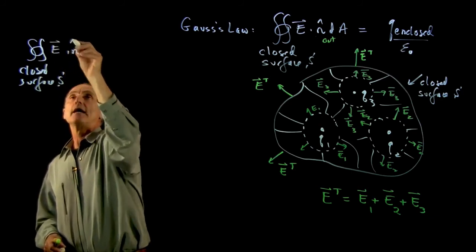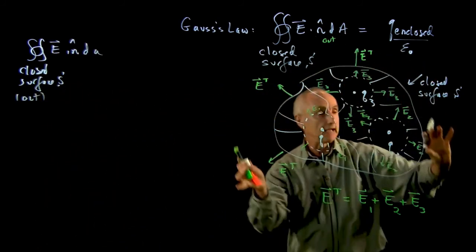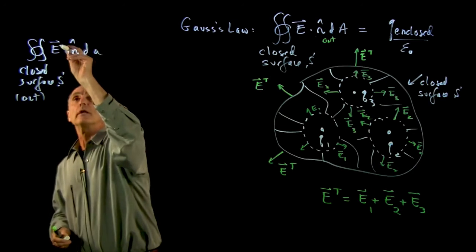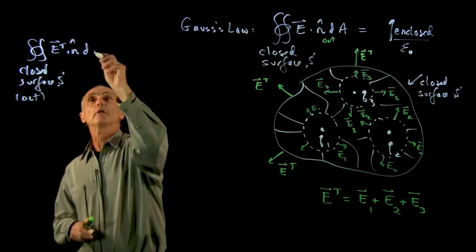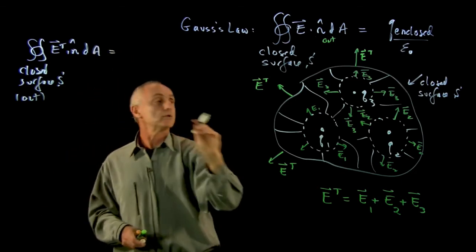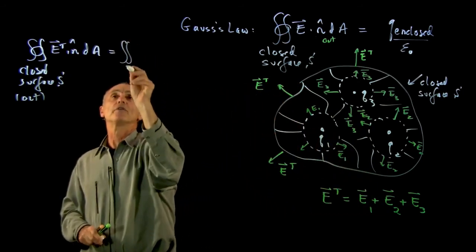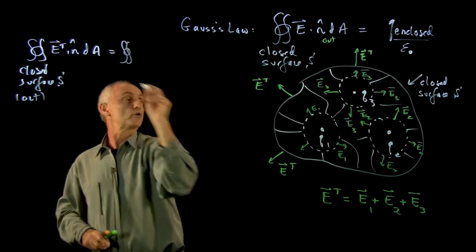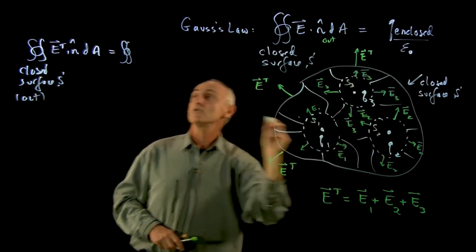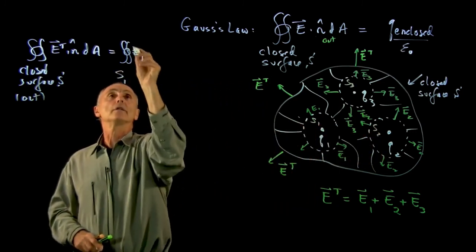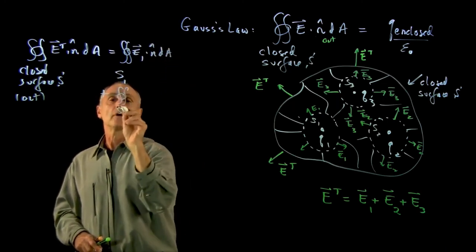E dot n hat dA, that's what we're calling the out part of the surface. So the flux on the outside, which is the total electric field, and again, the dA, we've been using capital A as a convention, it doesn't matter. That's equal to the flux that comes in, and that's equal to the 3 spherical fluxes through each of these, S1, S3, S2: E1 dot n hat dA, just to write them all out.